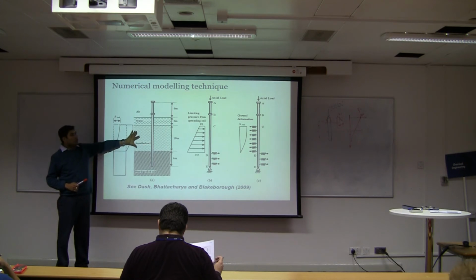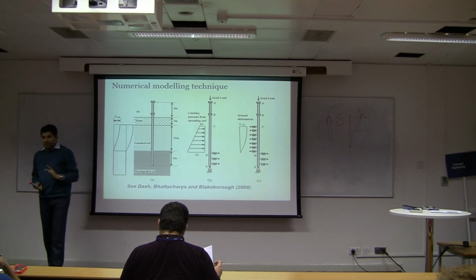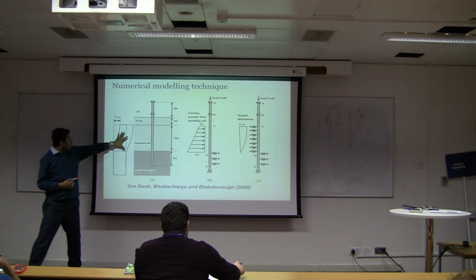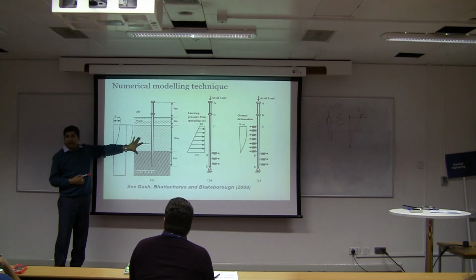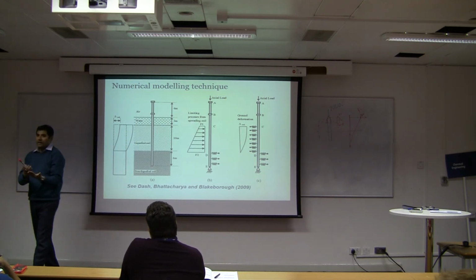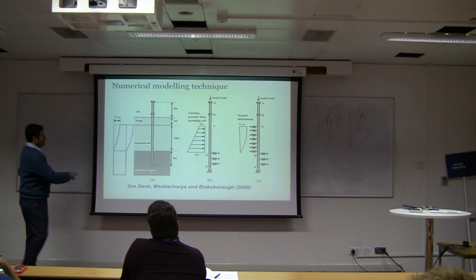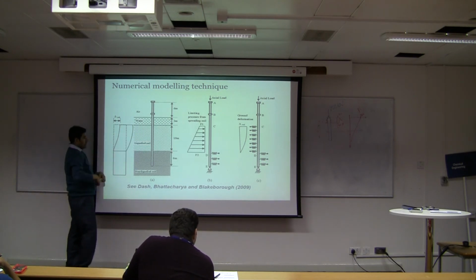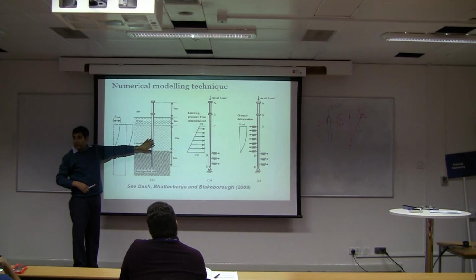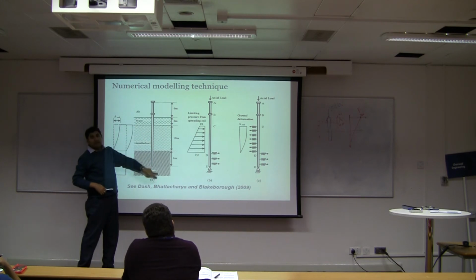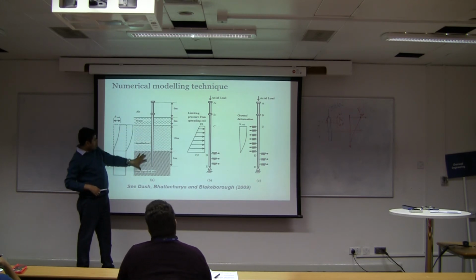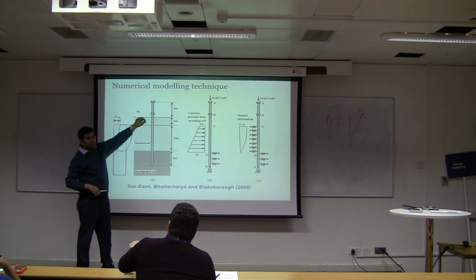From your simple calculations, you can find out the depth of liquefaction. So you find out that is the liquefiable layer. So the first thing for any analysis, draw a diagram like this, a very simplified diagram. It will tell you the pile dimensions, the non-liquefiable layer, liquefiable layer, and so on.